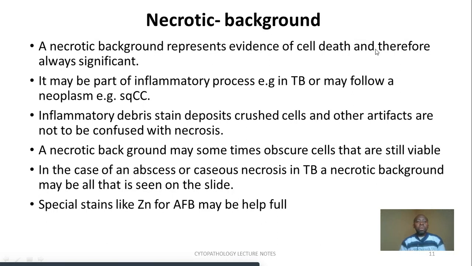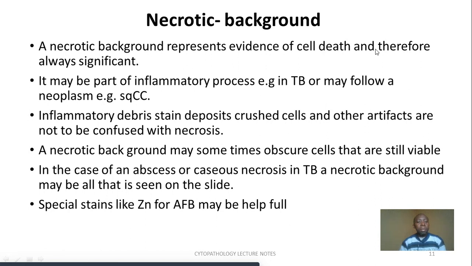So when you're making a smear and you're crushing cells, you're destroying them, and in the end they may either confuse you when the background looks necrotic, or produce artifacts which may not be easily identifiable and bring confusion in interpretation. A necrotic background may sometimes obscure cells that are still viable, and this is very serious.